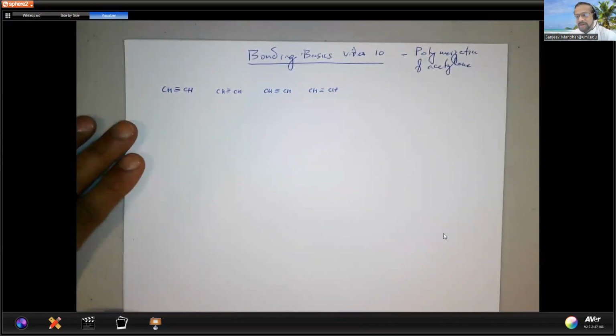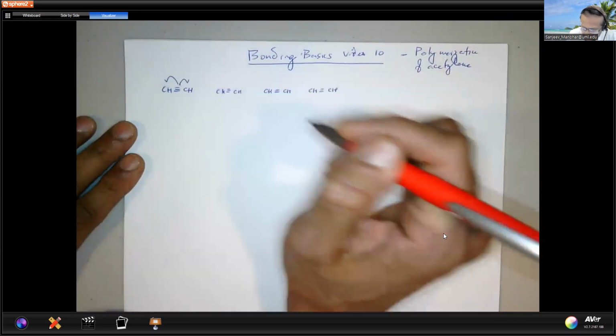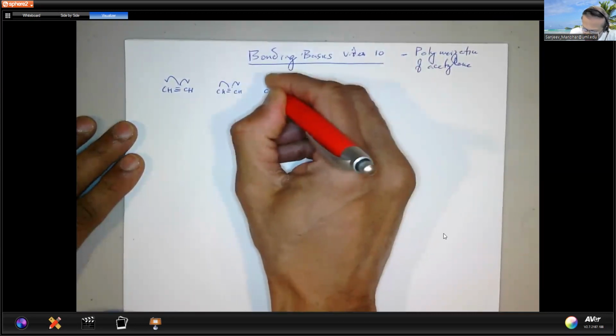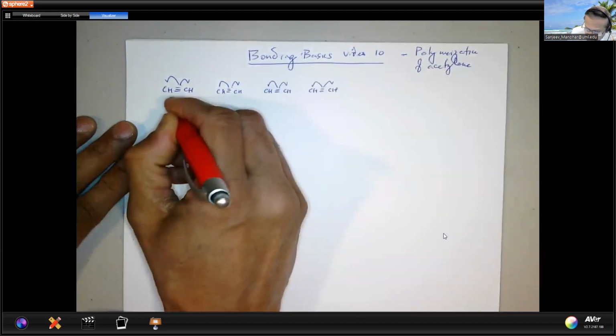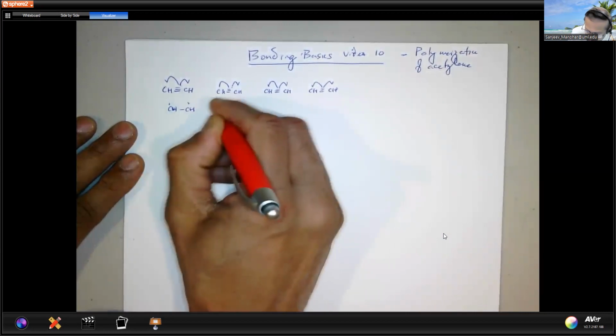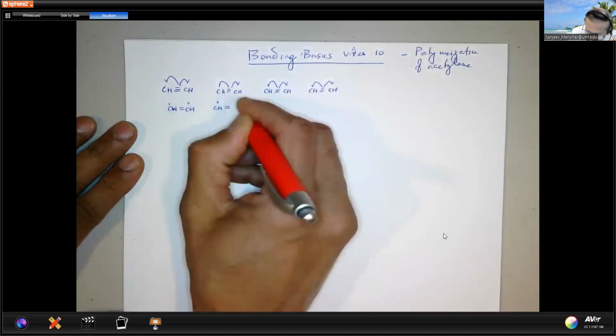Suppose it cleaves homolytically, like this. All of them cleave homolytically, okay? What would the product be? CH dot, CH dot, CH dot. There's still a double bond, right?